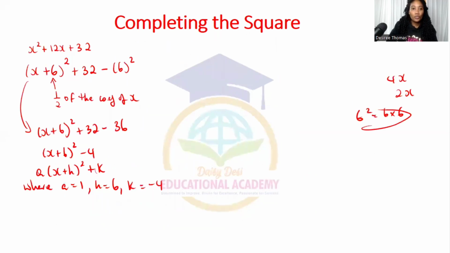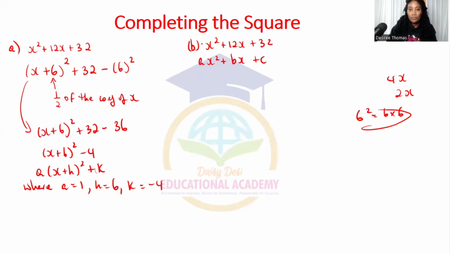So in this question, we determined a as 1, and we could have easily got it without completing the square. Let me show you. We started off with x squared plus 12x plus 32. This is part A, and now we have part B. This is in the form ax squared plus bx plus c.